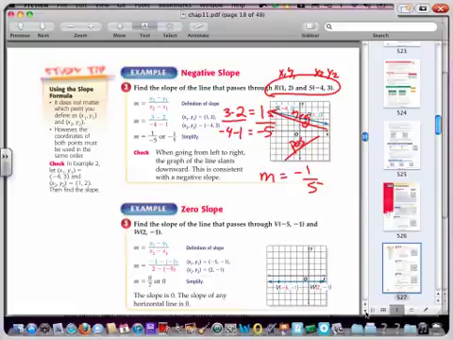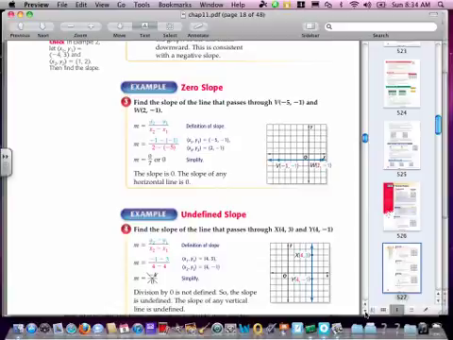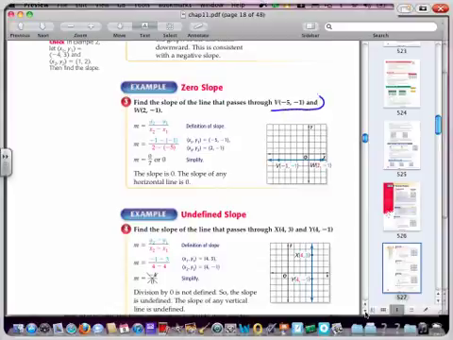All right, let's try another one. Alvin, why don't you do this one? Okay, so if we have points -5, -1, and 2, -1, and we're going to find the slope of those, let's call this x1, y1, x2, y2, and we're going to say -1 minus -1.